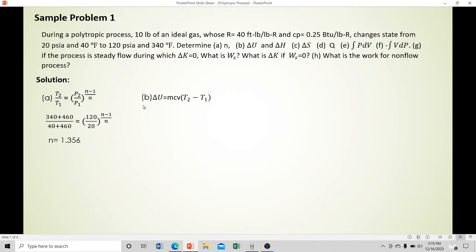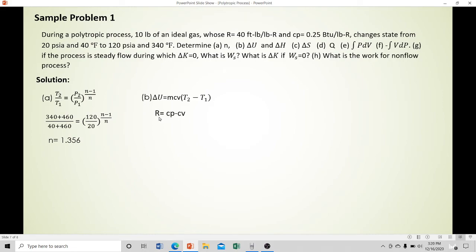So for the B, we have change of U. So change of U is equivalent to MCB T2 minus T1. So we have the mass for the given problem, but we don't have CB yet. We can get it in terms of the equation R is equals to CP minus CB, in terms of BTU for the value of the gas constant.